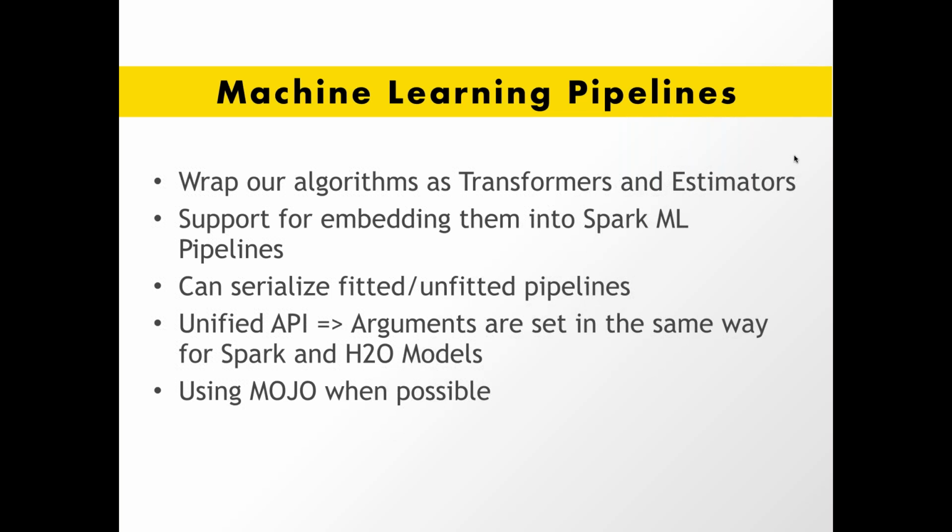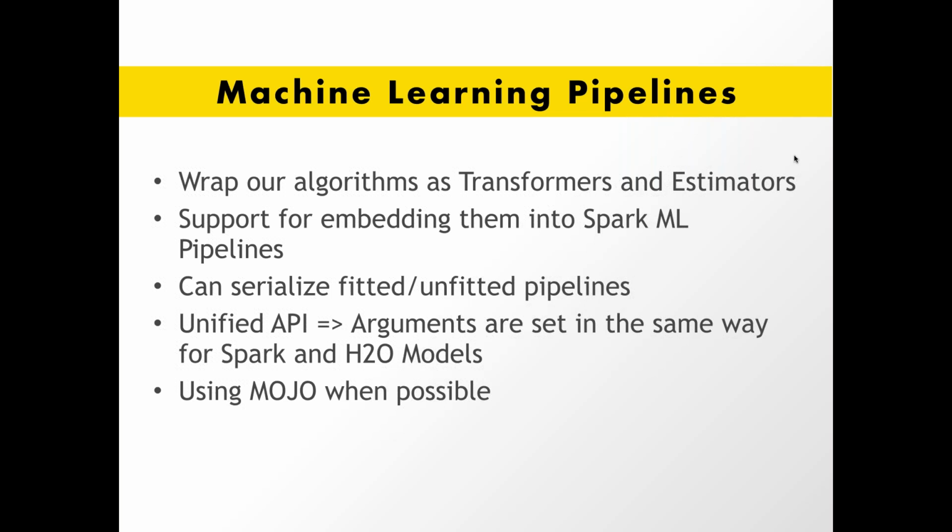Basically, a transformer is a concept which encapsulates data transformations. For example, it expects one data frame on the input and one different data frame on the output, where the new one is a transformation of the first one. For example, we can add a new field, we can cast some data types, and so on.